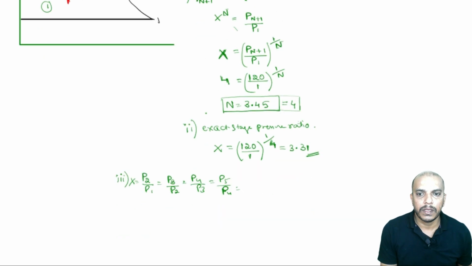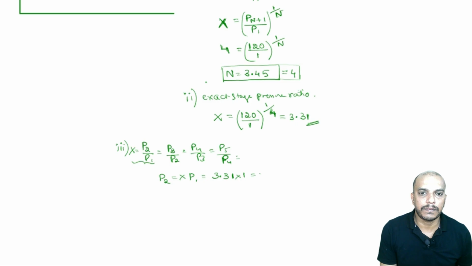So, you can simply write P2 is equal to the pressure ratio x times P1. Now, x is 3.31, the exact pressure ratio, multiplied by 1 bar. So, P2 is equal to 3.31.